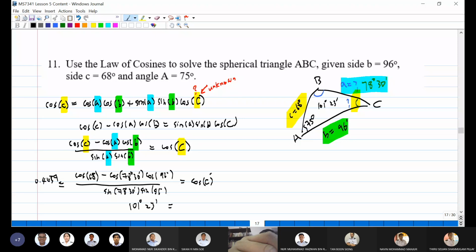So what is angle C now? You can press cosine inverse here. 66 degrees, 3 minutes, 4 minutes.